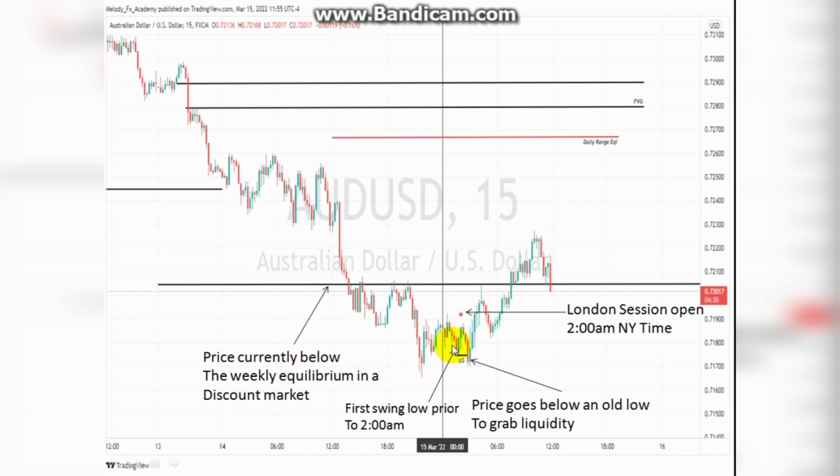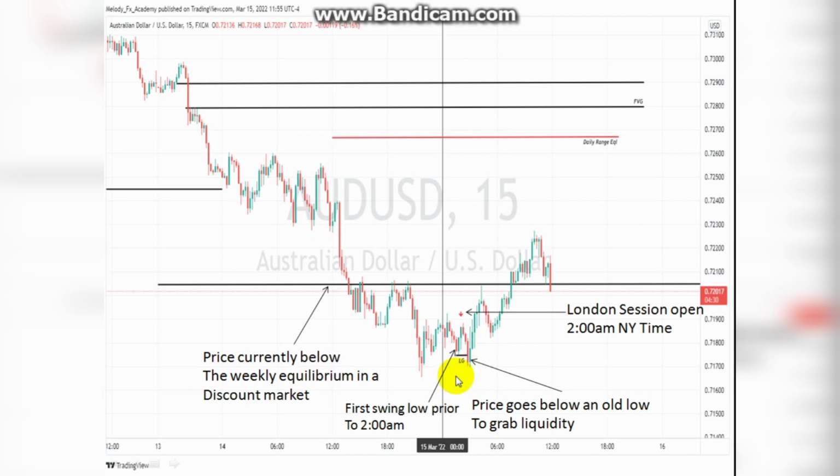We look for a run on the sell side liquidity, which is just what happened here. Price goes below an old low to grab liquidity after the London session opened. Price traded below this old low, taking out sell side liquidity.